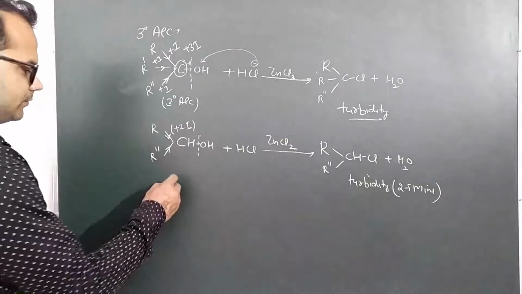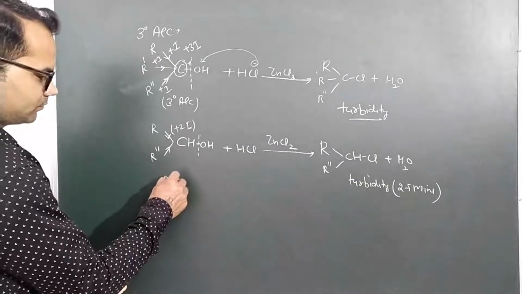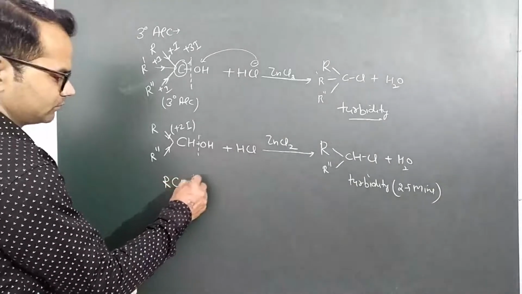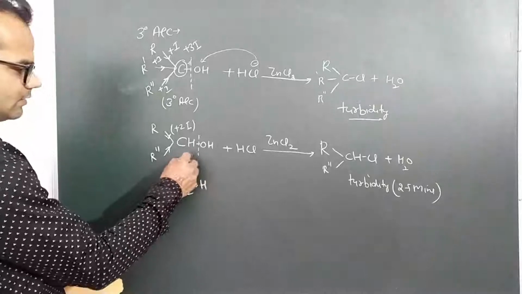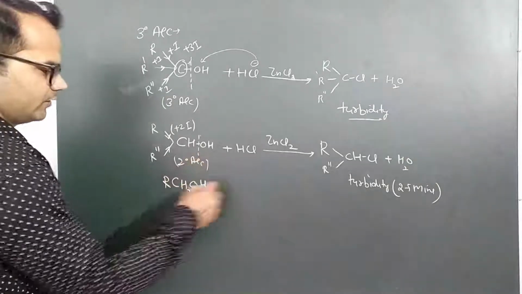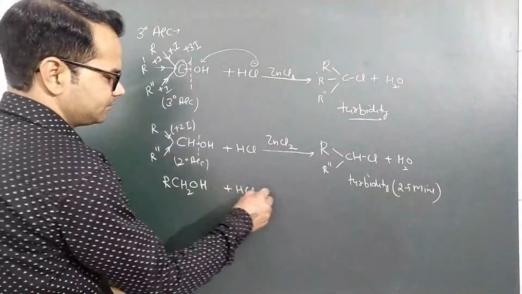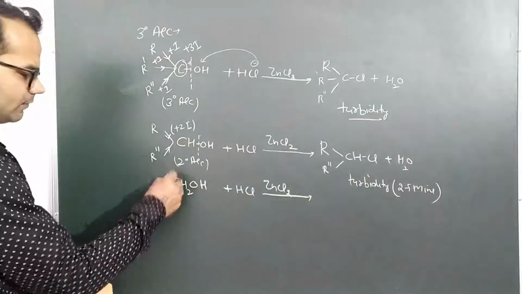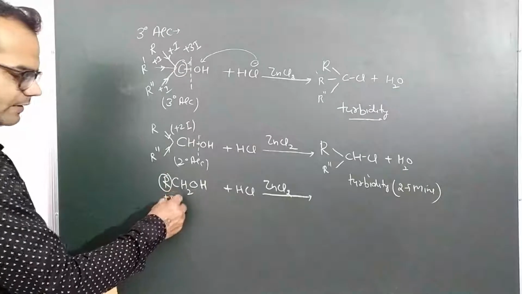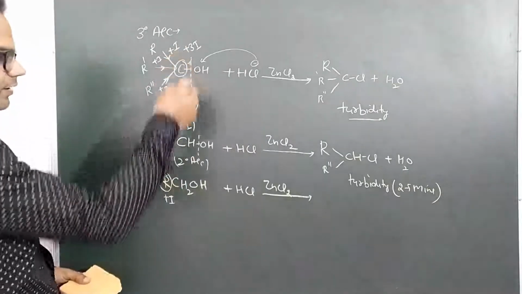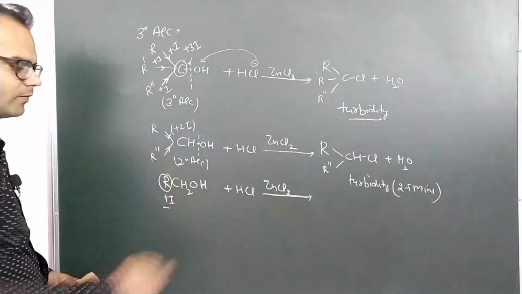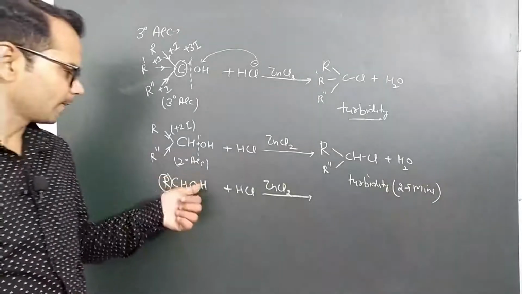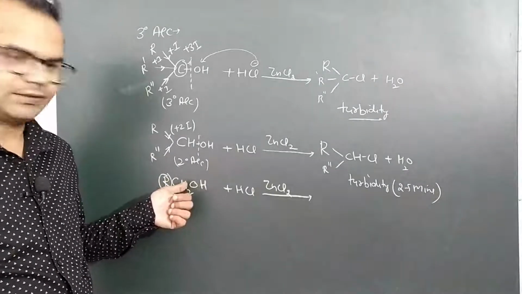And last we have primary alcohol. This is secondary, and now we have a primary. Now here the plus I effect is decreased, only plus I effect is there. Here we have plus 3, here we have plus 2, and here we have a plus 1. So this bond will not cleave easily.